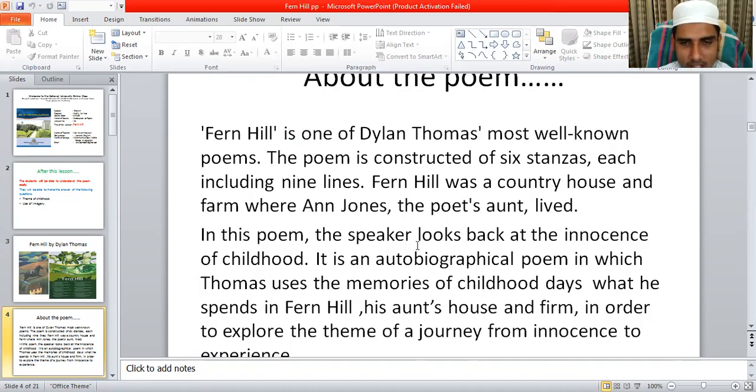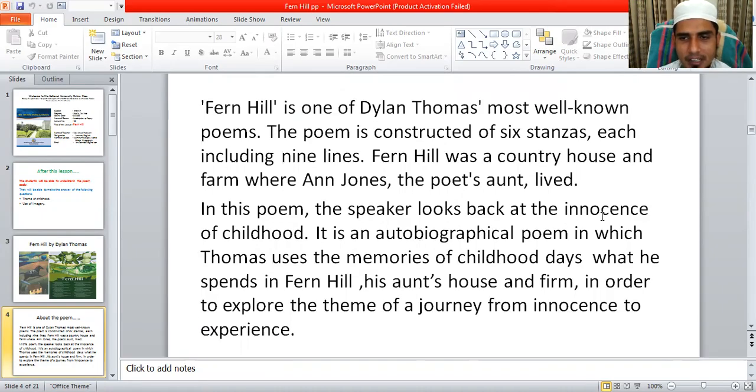In this poem, the speaker looks back at the innocence of childhood. It is an autobiographical poem, as the subject matter is taken from the poet's own personal life and his own experience in childhood, how he spent his childhood days. This is the main theme of this poem.